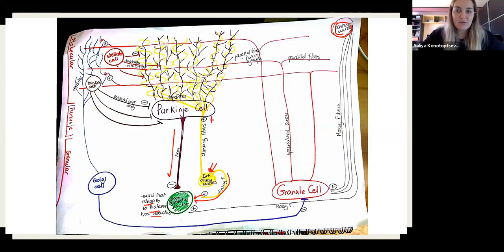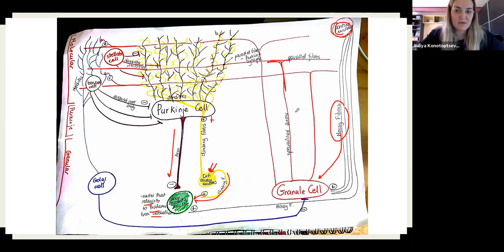But take a look, pontine nucleus sends additional fibers to stimulate a granule cell. These fibers are called mossy fibers. Mossy fibers are axons from the pontine nucleus. They excite the granule cell. Granule cell sends its axons into the molecular layer. The axons of the granule cell are very special because they split into a T-shaped form.